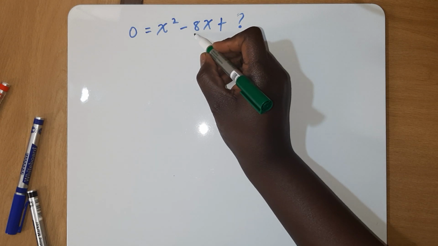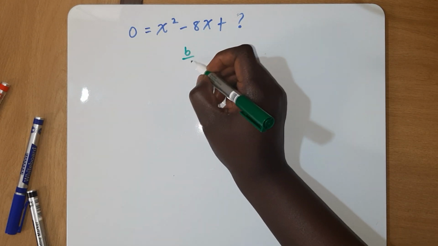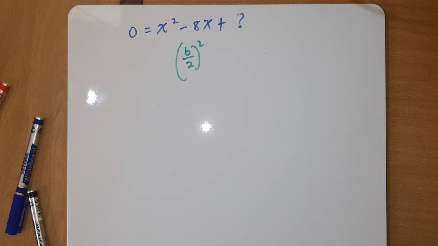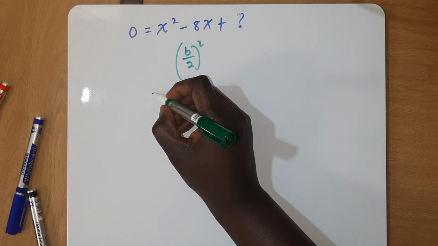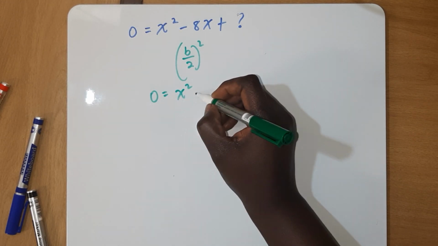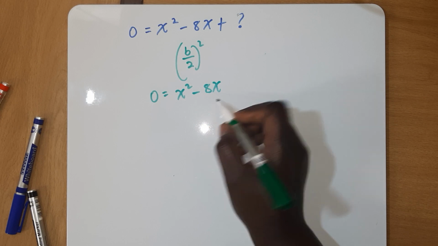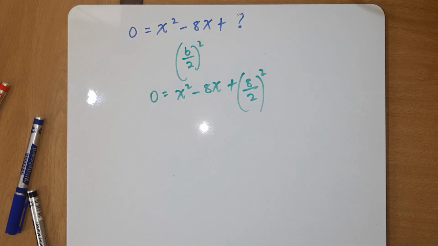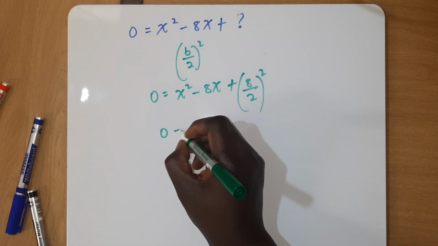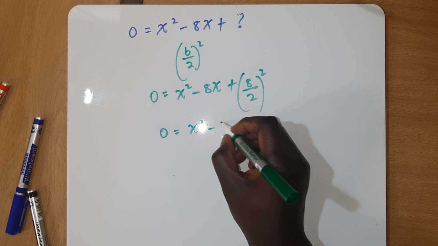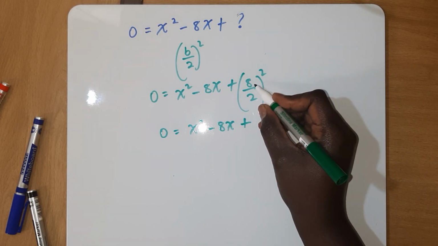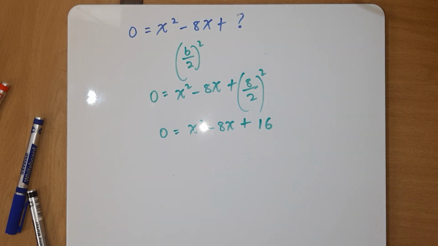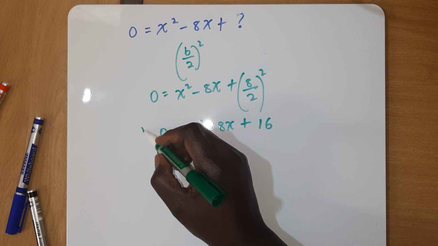Remember, the coefficient b divided by 2, squared. So 0 is equal to x squared minus 8x, our b is 8, so plus 8 over 2 squared. That would mean 0 is equal to x squared minus 8x plus, 8 divided by 2 is 4, 4 squared is 16. So this is our quadratic equation.